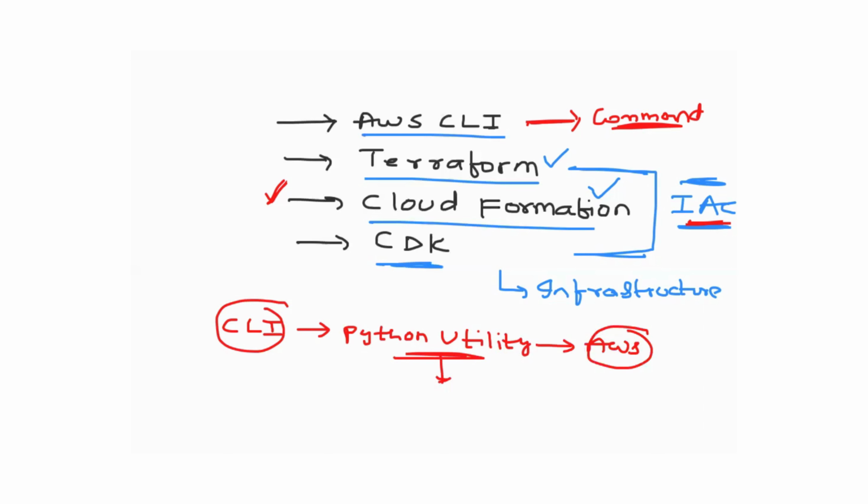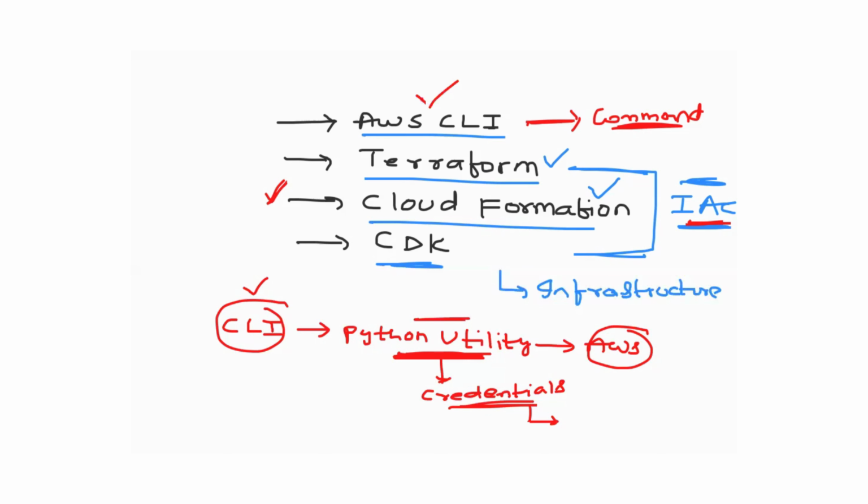AWS itself supports the AWS CLI, and using this utility, you can pass some arguments. Like, you can initially say these are my credentials to authenticate to AWS for the first time. After that, you can pass some parameters to this Python utility, and you can create resources on AWS.